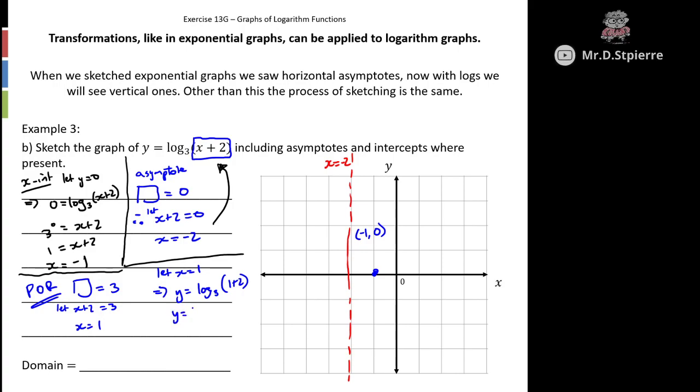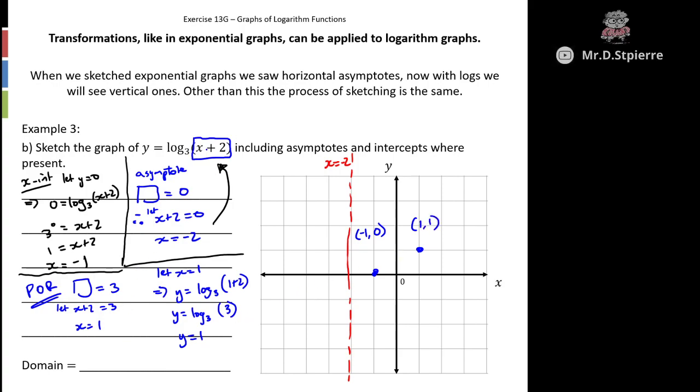So y is equal to log base 3 of 3. We get the situation we wanted: 3 to the power of what gives me 3? In this case, y is equal to 1. So we get our second coordinate point at x equals 1, y equals 1, which is right there, (1, 1).